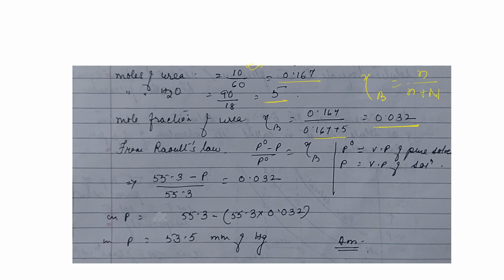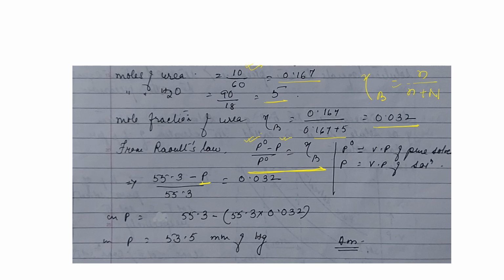Okay. So from Raoult's law, we know this is the formula. (P0 minus P) by P0 is equal to chi B, where P0 is the vapor pressure of the pure solvent and P is the vapor pressure of the solution. You have to find out the vapor pressure of the solution. So P you don't know.